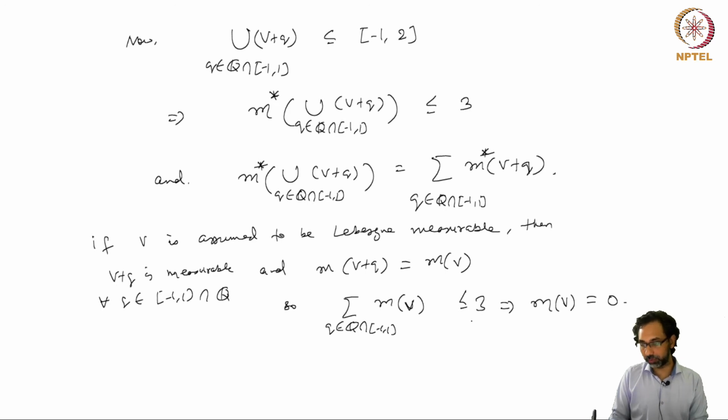But here we have a bound of 3 on this infinite sum. So m(V) must be 0.